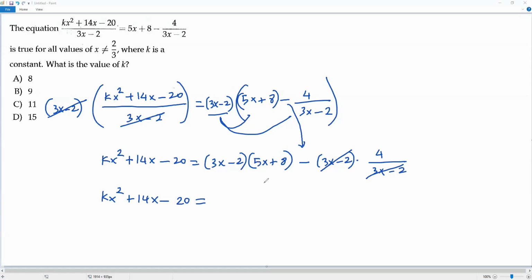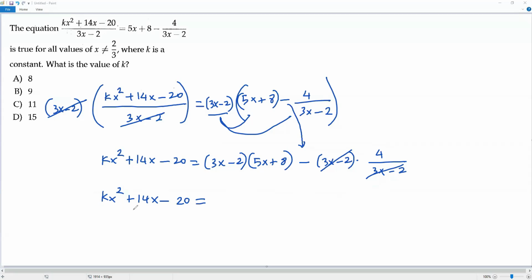On the right side, before I simplify, look here. The two expressions are equal: the expression kx² + 14x − 20 and the expression we have over here. Whenever two expressions are equal, the coefficients of like terms must also be equal. My aim is to find the value of k. Here, k is the coefficient of x² on the left side.